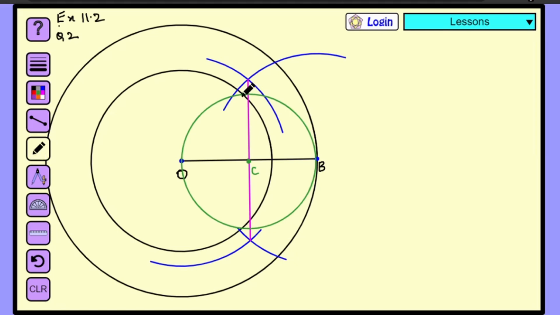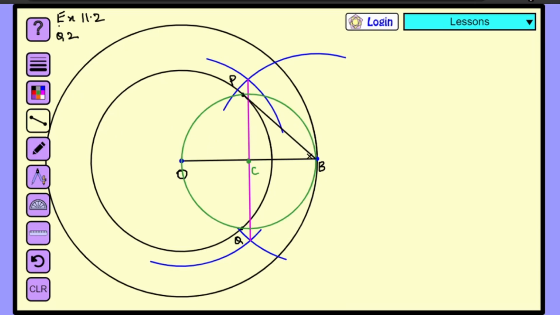Name this one as P and this one as Q. Now join these two points with the scale. Presently I am joining with the line segment, then afterwards we can extend it with the scale.